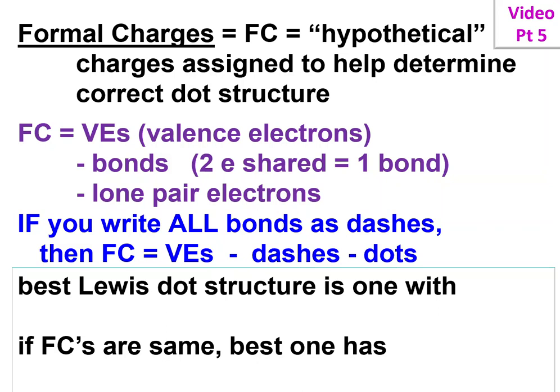Okay, and then the point of this is that as you go on in organic chemistry, you can try different structures and you can figure out which one is better, because the one that is better has the lowest formal charges.